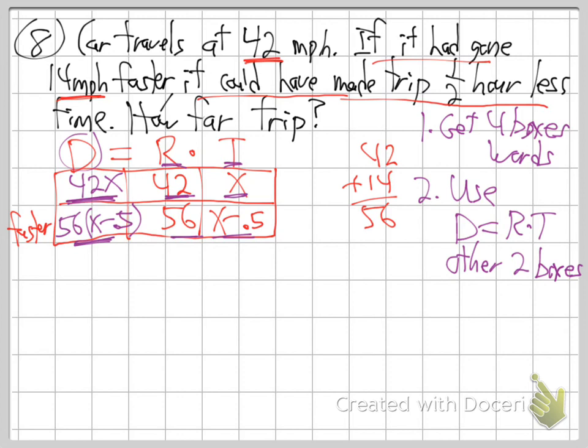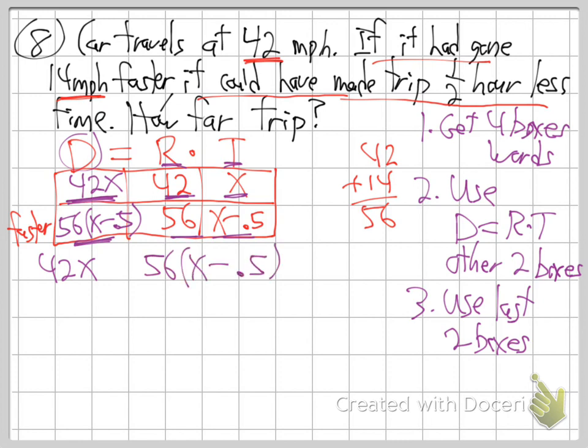We get to there? And then step 3, use the last 2 boxes to write an equation. So I'm going to take the 42x and the 56 times x minus 0.5 and set them equal. Why are they equal? Same distance. Yeah, it's the same trip. How far is the trip? It's the same trip.